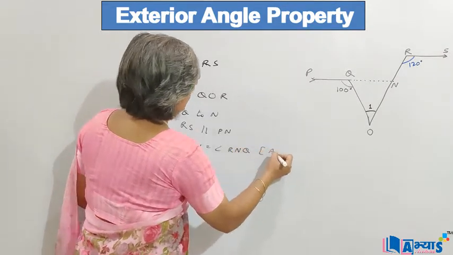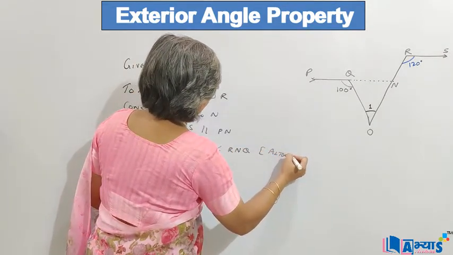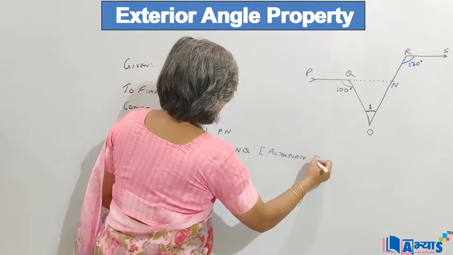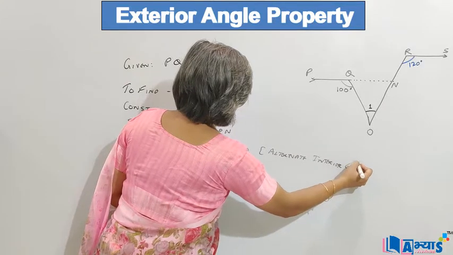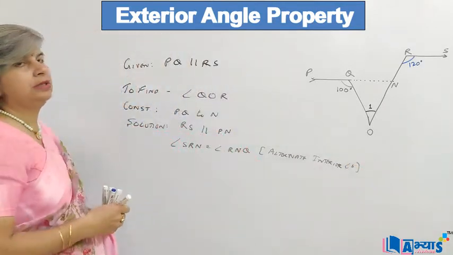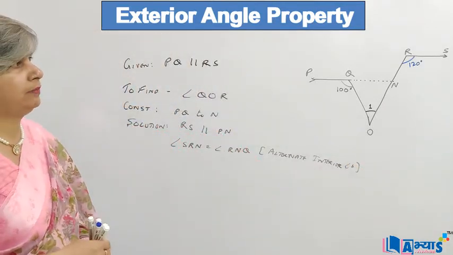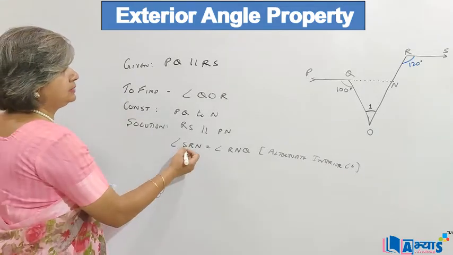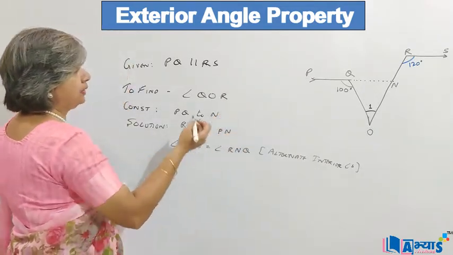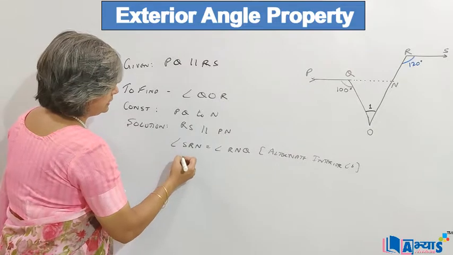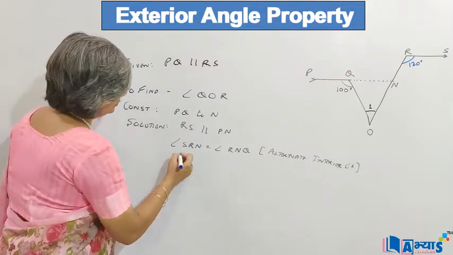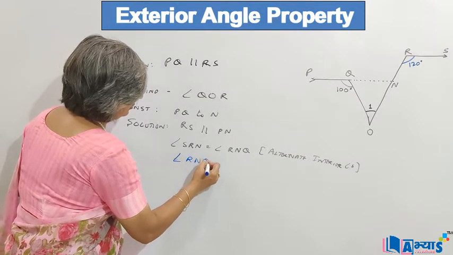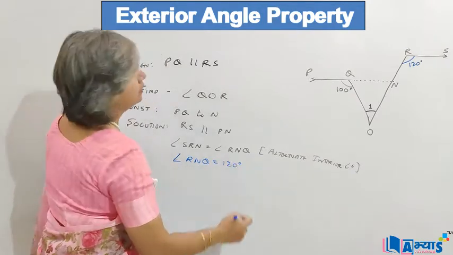They are alternate interior angles, and we know that alternate interior angles are equal when the lines are parallel. So angle SRN is equal to angle RNQ. So we can say that angle RNQ is equal to 120 degrees.